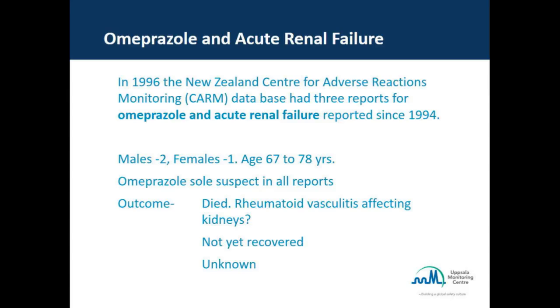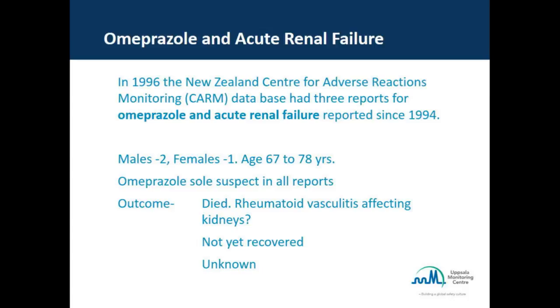I'll just run through an example. I went back to our early reports in New Zealand. We were not the people that found the signal of omeprazole and renal problems. But I looked at what our database looked like right at the beginning.